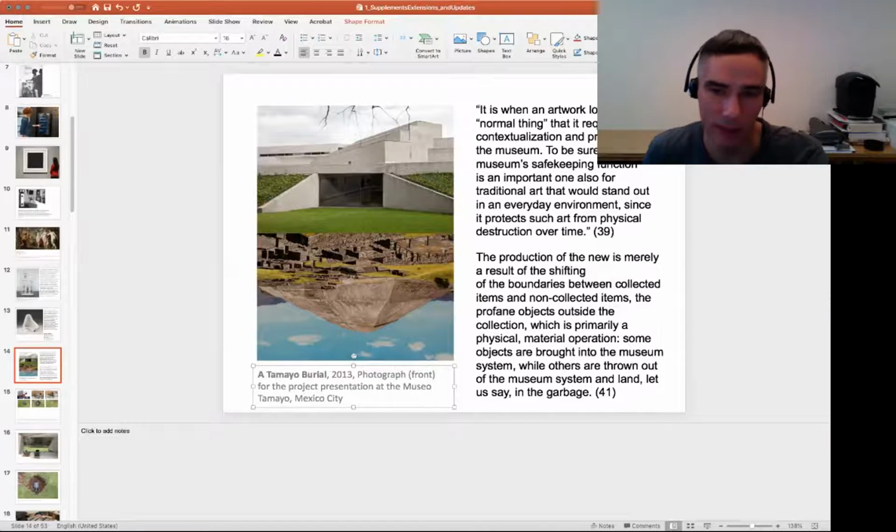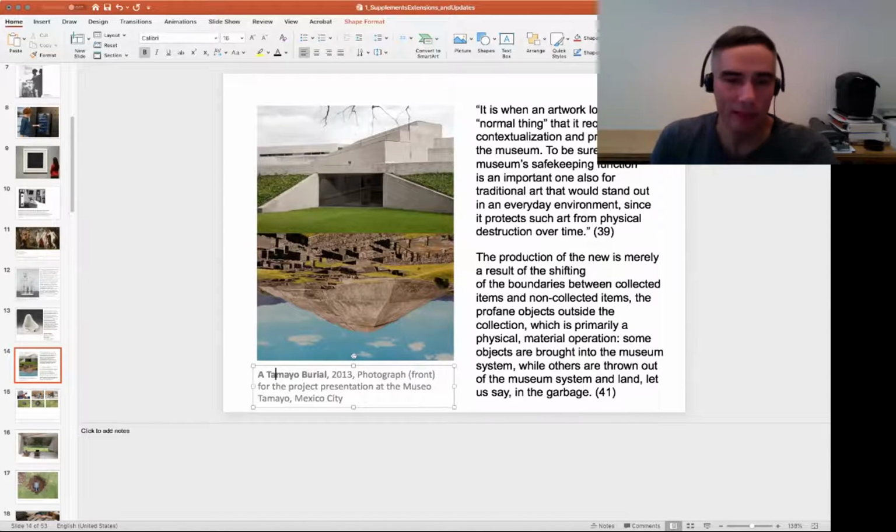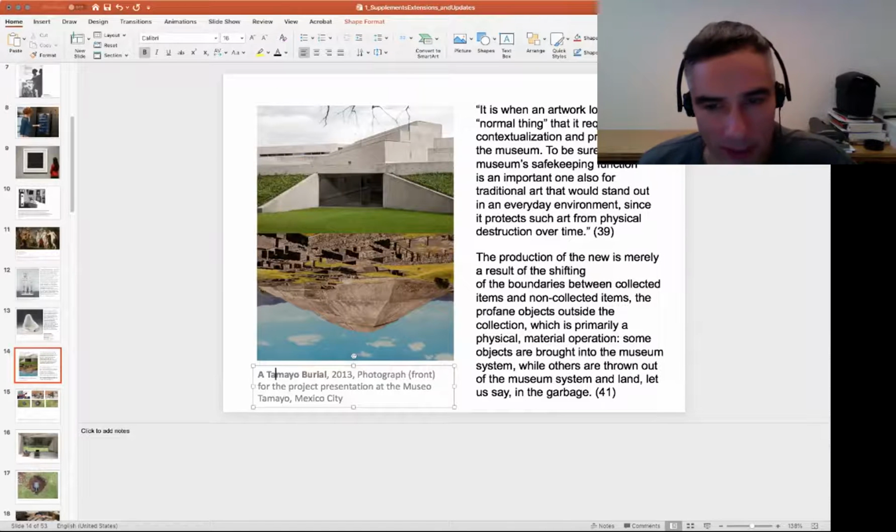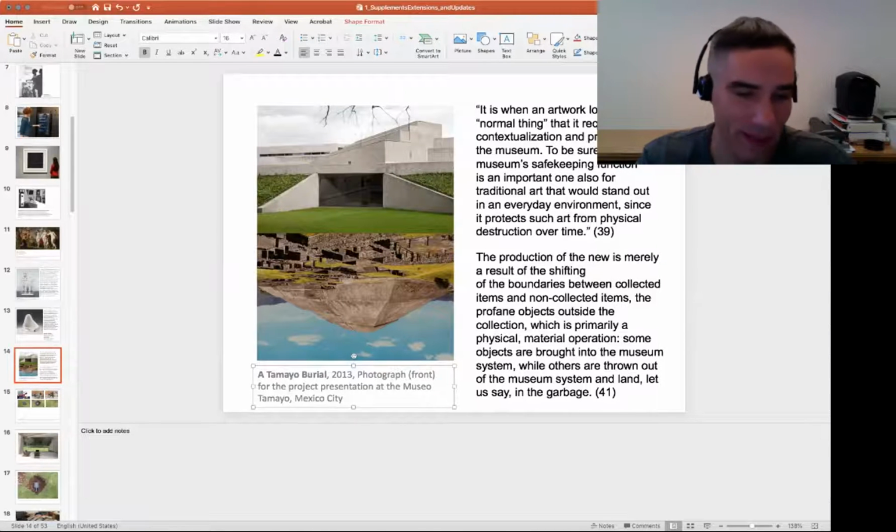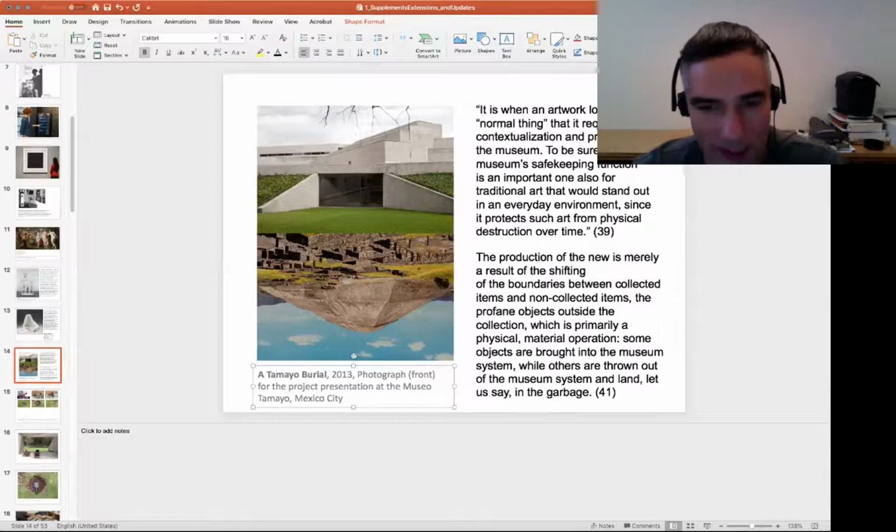The profane objects outside the collection, which is primarily a physical material operation: some objects are brought into the museum system while others are thrown out of the museum system and land, let us say, in the garbage. Since most mass-produced items today have programmed obsolescence, unfortunately most things land in the garbage.